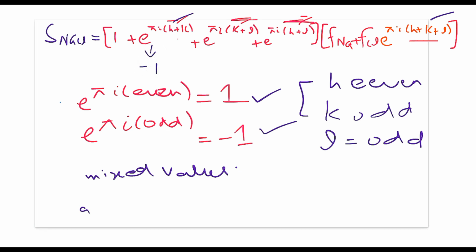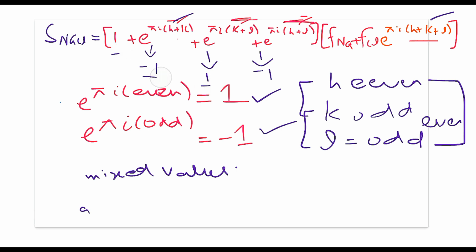Then K plus L, odd plus odd gives an even number, so that would be +1, since e to the power pi iota times even is 1. Then H plus L, even plus odd is an odd number, so that gives -1. The +1 gives 2 and the -1s give -2, so 2 minus 2 gives 0, and it's 0 times this quantity, so it becomes 0 overall.